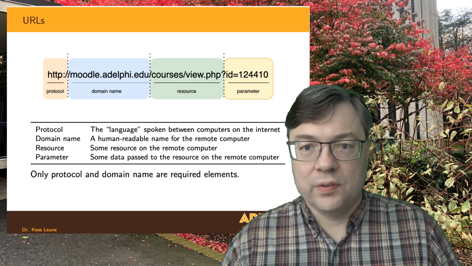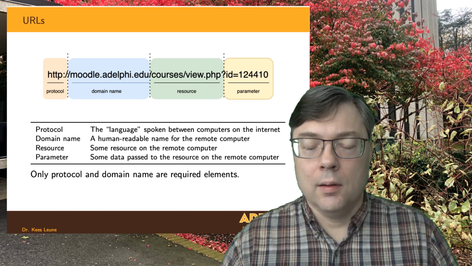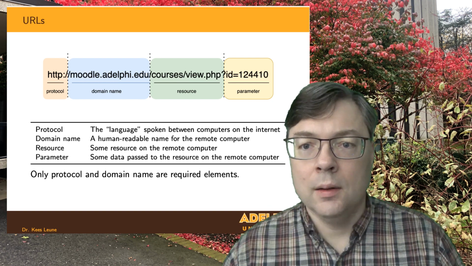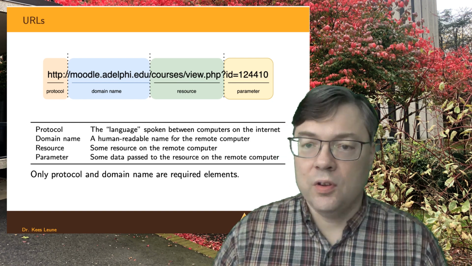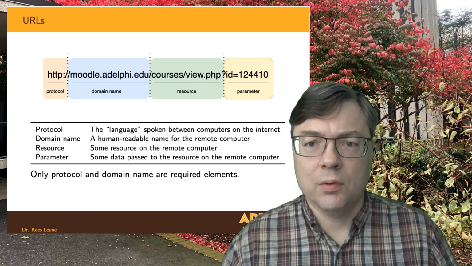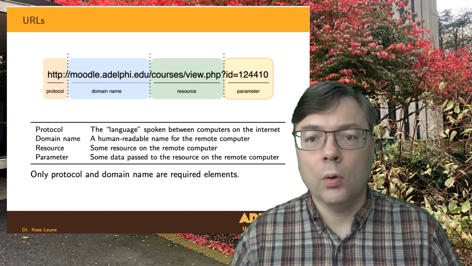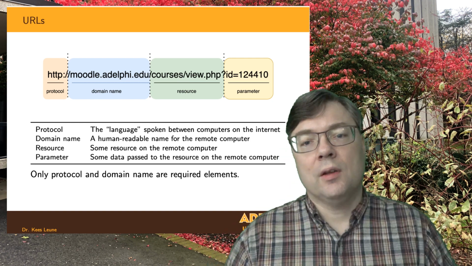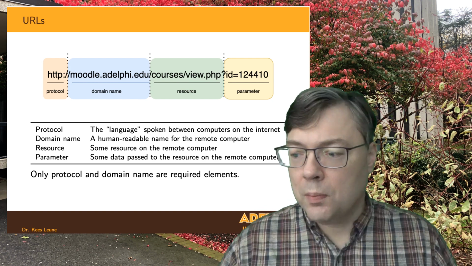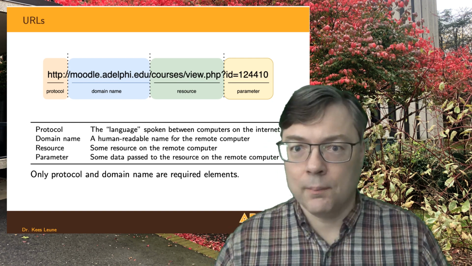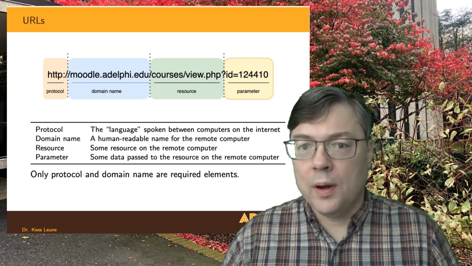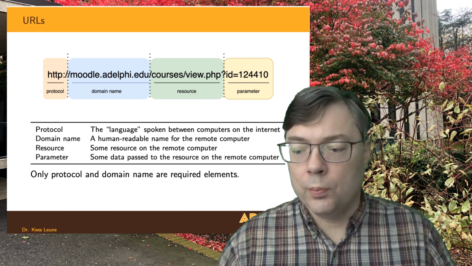The full specification of a page on the internet is shown on this slide here. It is, for example, HTTP, or actually what I should have said was https://moodle.adelphi.edu/courses/view.php? etc. For us to understand what this means, we'll have to break it down in its core components.